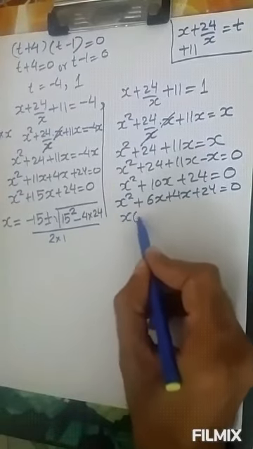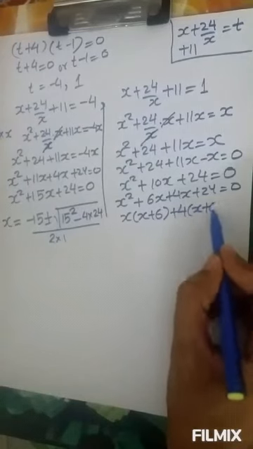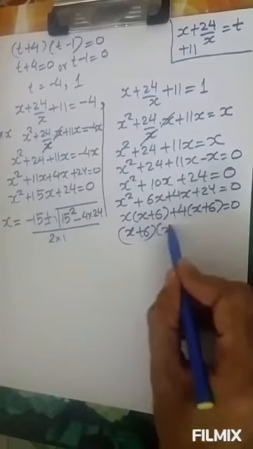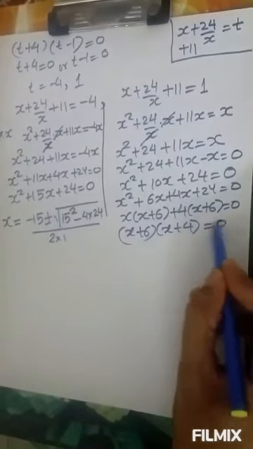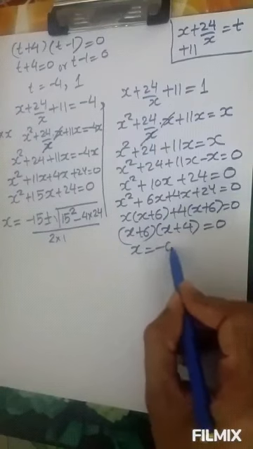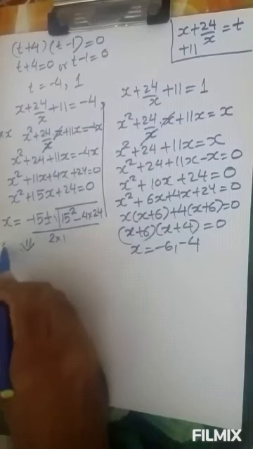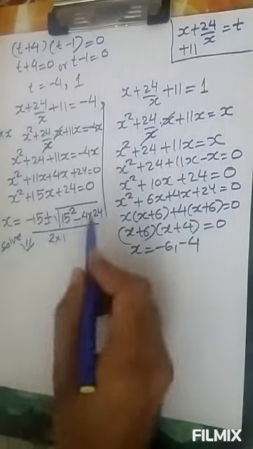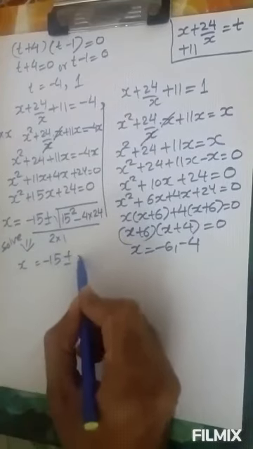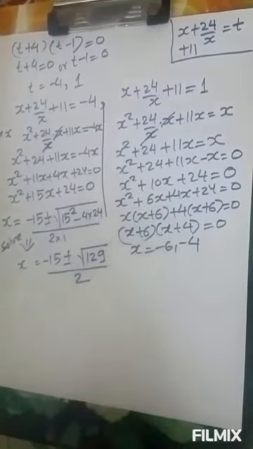And here if you take x common, x plus 6, and 4 common, you will get again x plus 6. So as you can see, if you take x plus 6 common, x plus 4 would be left, and from here directly we get roots as minus 6 and minus 4. Now if you solve this, do a bit of calculation, eventually you will end up with this answer.